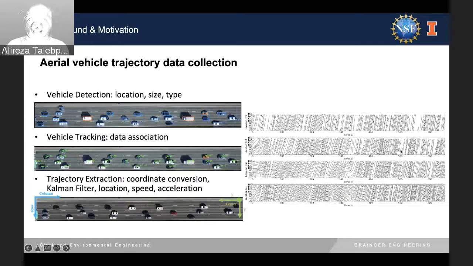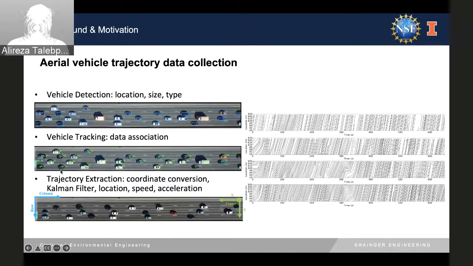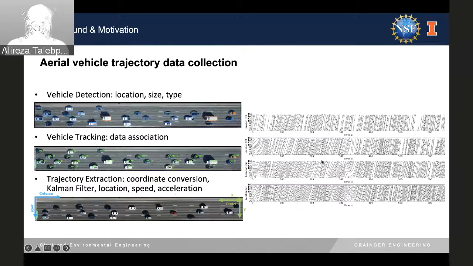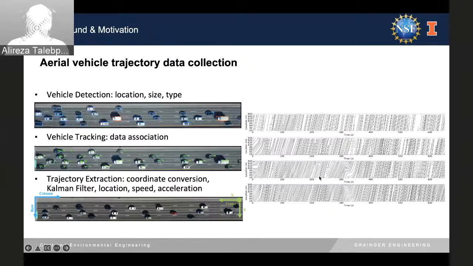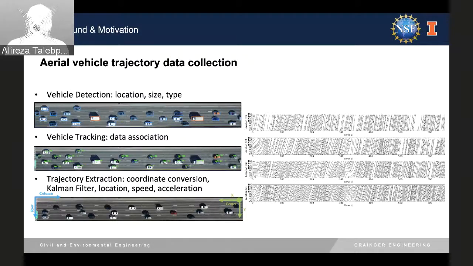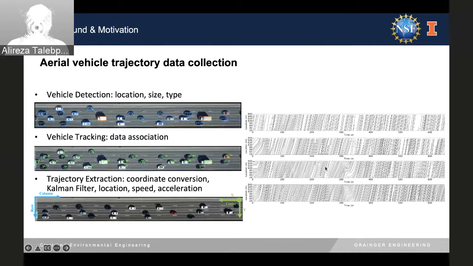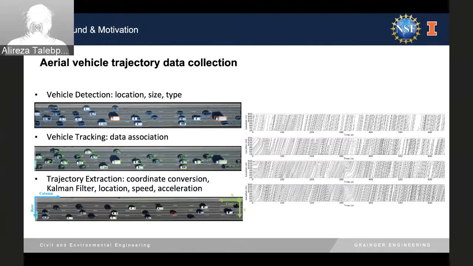So the trajectories are a lot shorter, about 400 feet, obviously. But the smoothness of the trajectories is not really comparable to what we see at NGSIM. That is amazingly more robust and more reliable, and the technology has changed over 15 years.